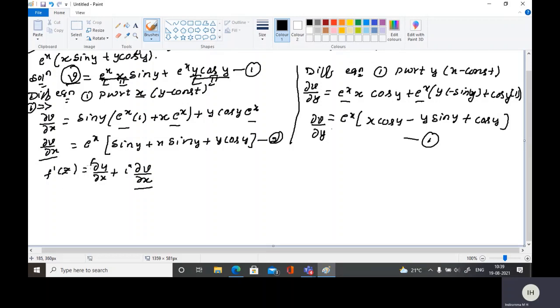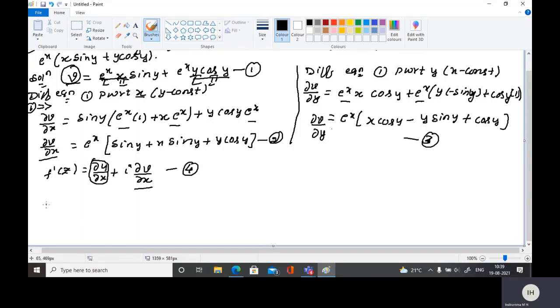So what we have to do for dou u by dou x, since we are constructing the analytic function, that means the function satisfies the CR equations.